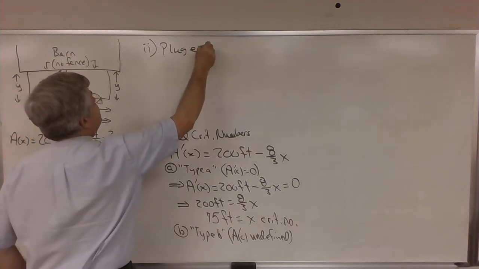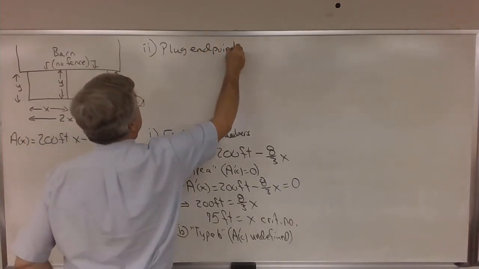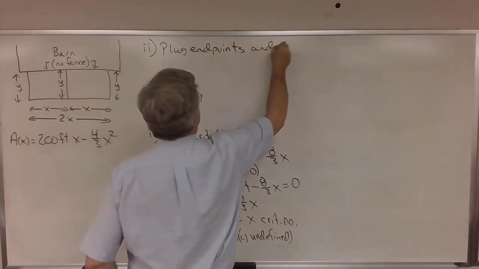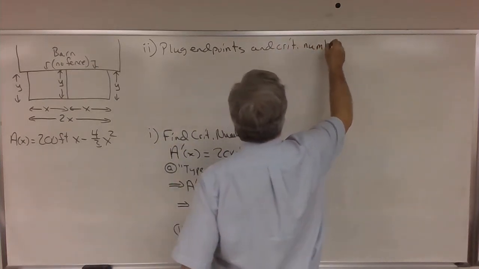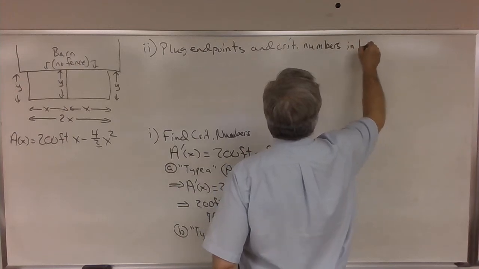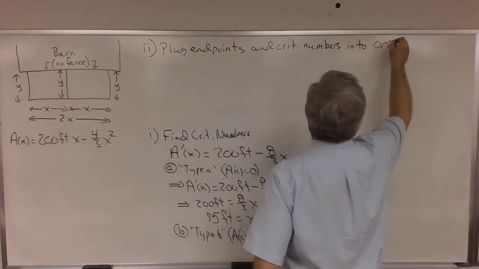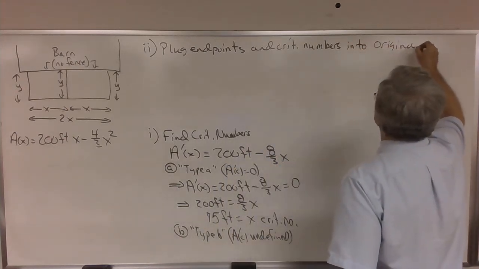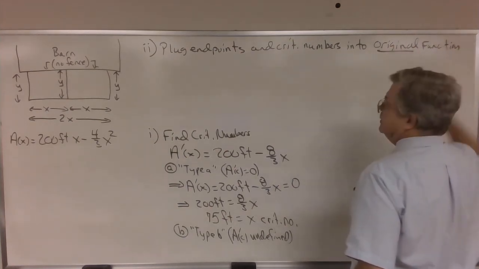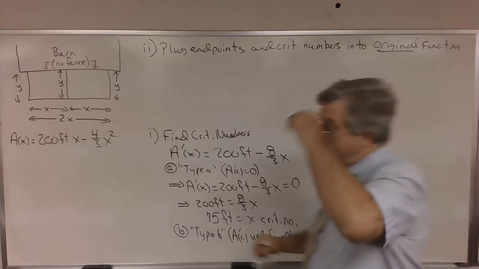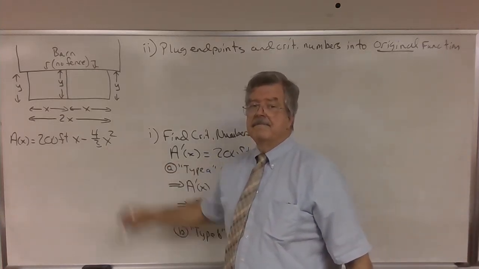Plug the endpoints and the critical numbers into the original function. Here's the original function right here.